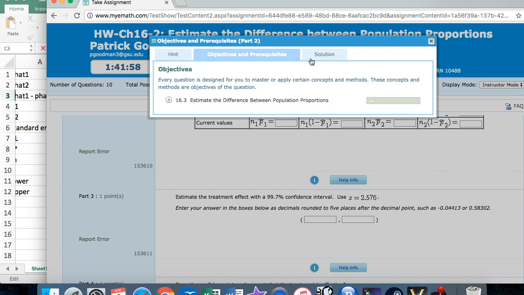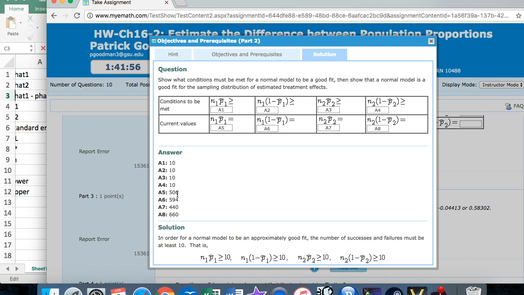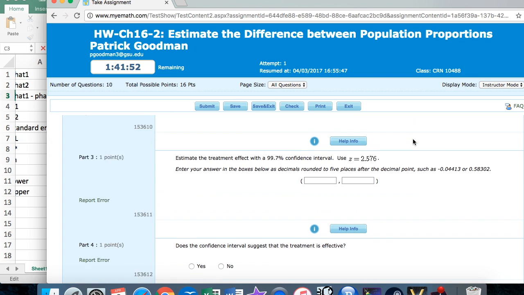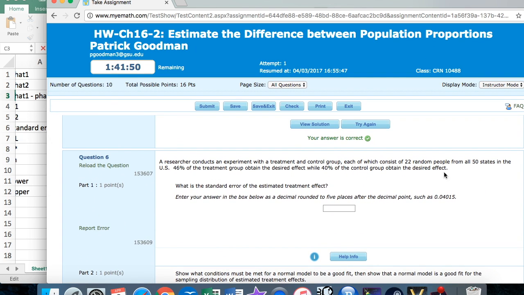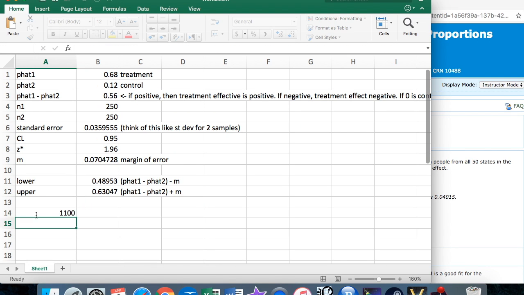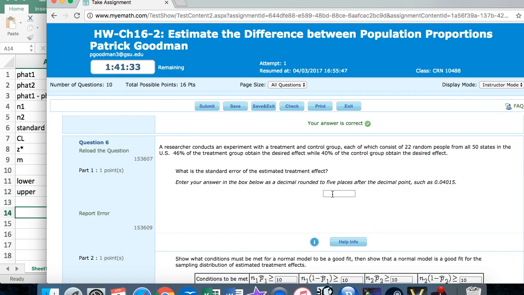Wait a minute, I think that might be trying to trick you. Yeah, 506. Because it's 22 people from all 50 states, so that would be 22 times 50. It seems kind of strange.